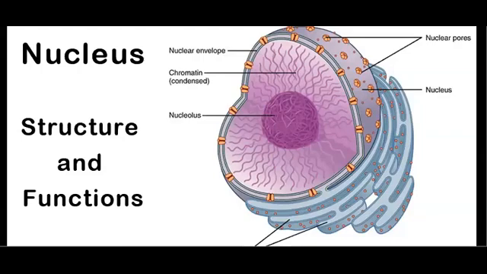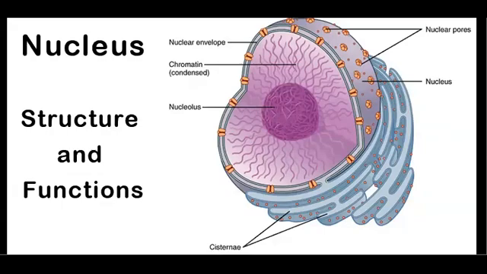Inside it, you have thread-like structures called chromatin. That is when the cell is immature. When the cell is about to divide, these chromatins arrange themselves and form rod-shaped structures called chromosomes. Inside the nucleus, you have another round, dense body called the nucleolus. You also have the pores.